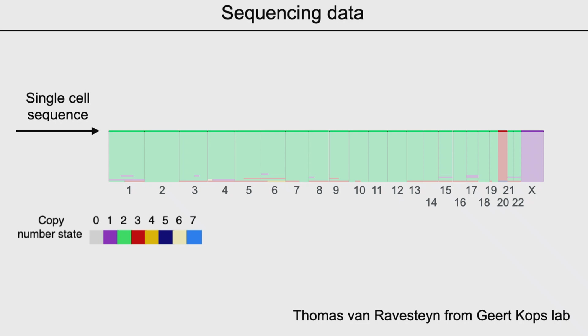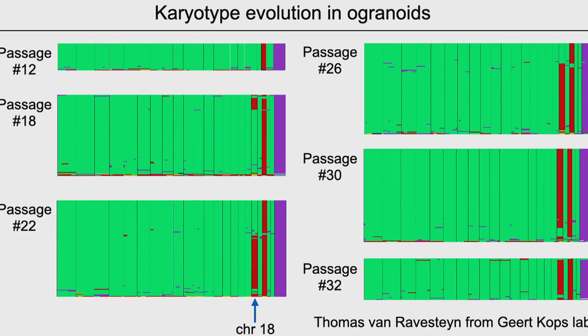Of course, this is how it looks like in one passage, but let's now check what happens when they are doing these passages. What they found is that there are 2 types of evolution that they can observe.